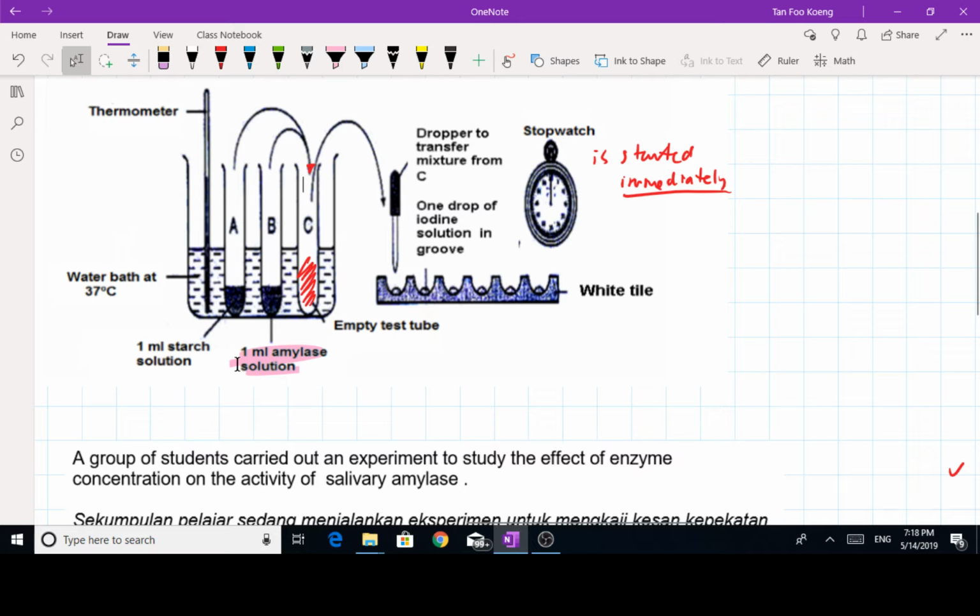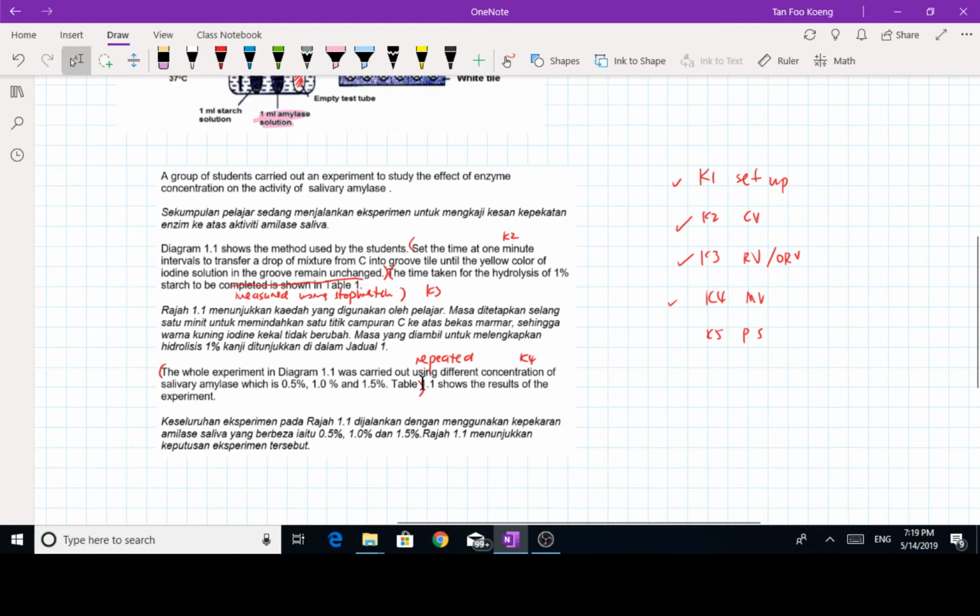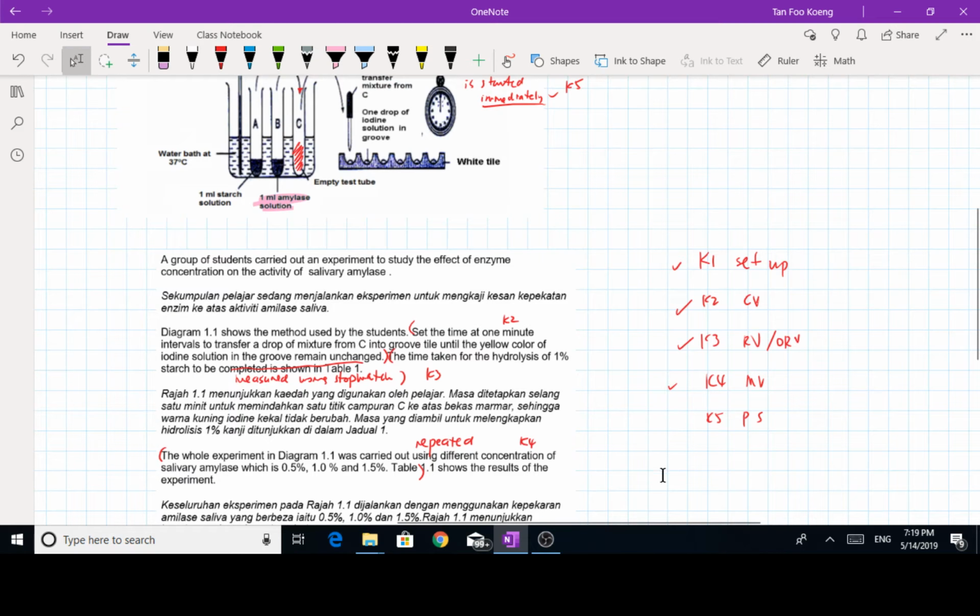Hydrolysis has taken place. So if you delay, then you are not going to get the accurate rate of enzymatic reaction. So you have to start immediately the stopwatch when A and B were added into C. So if I see the word immediately here, then straight away you get K5. So if your procedure is functional, which means to say that it is able to produce the result, and you have all the 5 K, then you score 3 marks.